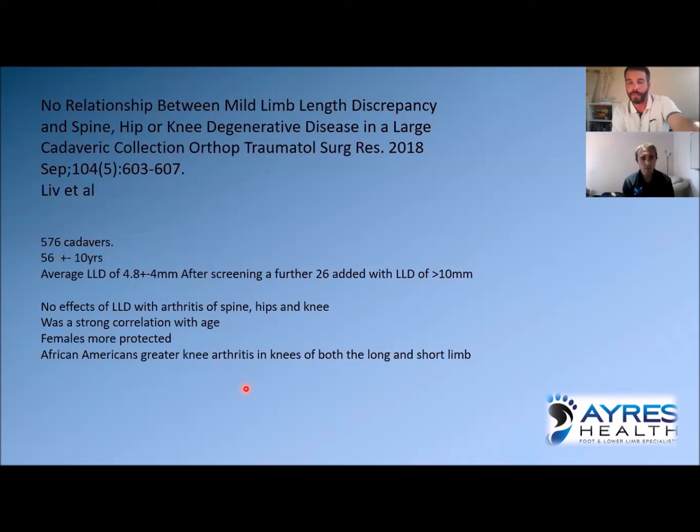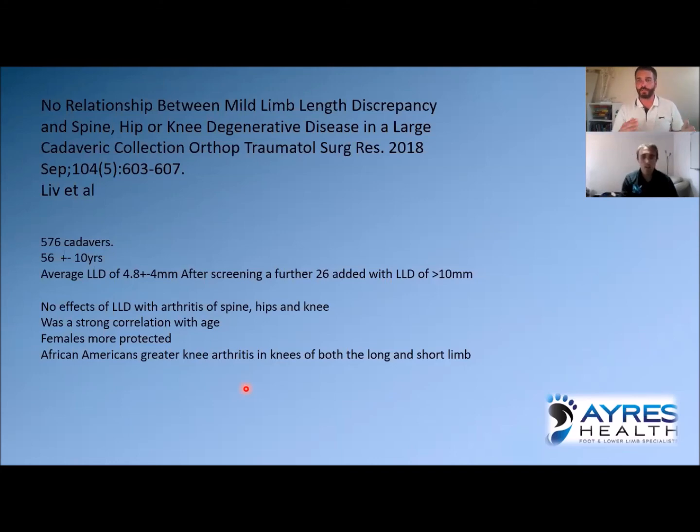After screening, they added another 26 people with a greater than 10 millimeter difference. So they were looking at mild differences rather than big differences. And they found there was no effect of limb length difference on arthritis of the spine, hips and knees.